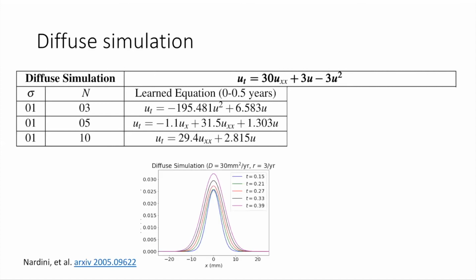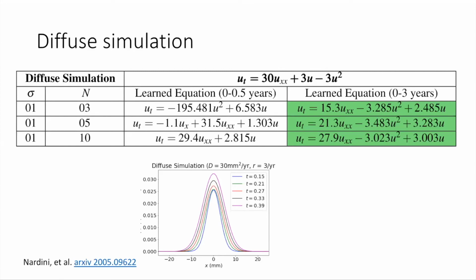This makes perfect sense when we look at the training data, because the dynamics of this model haven't changed too much from the initial condition over this short time interval of half of a year. So it makes sense that we're recovering the linearized form of the true underlying model.